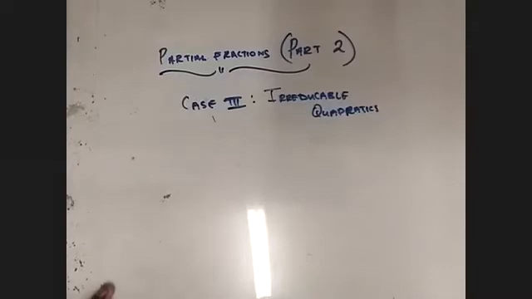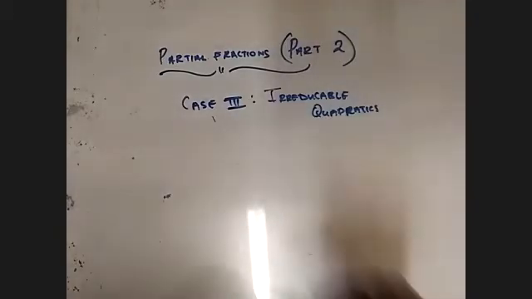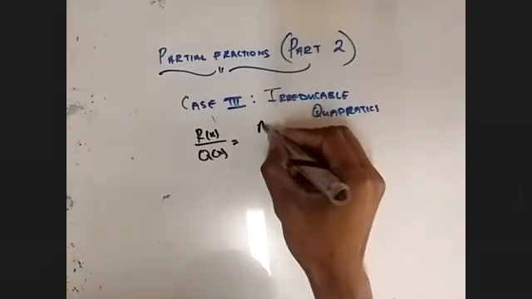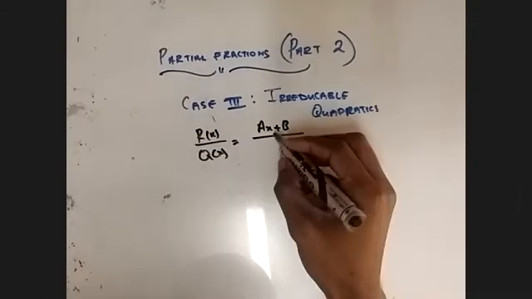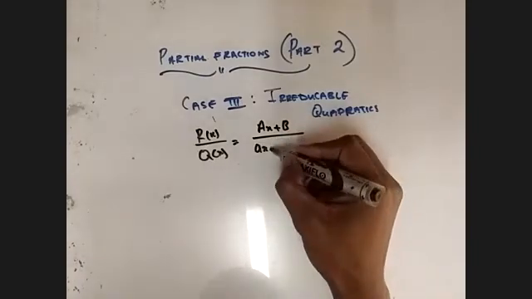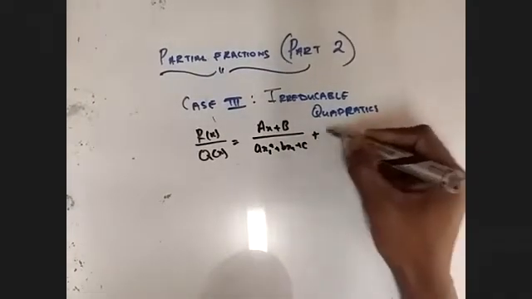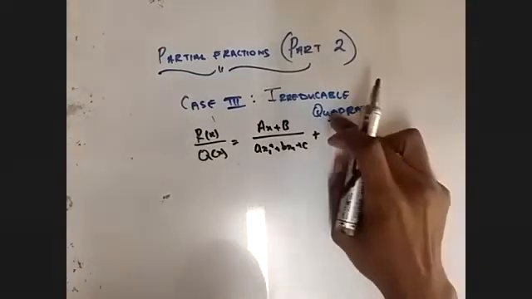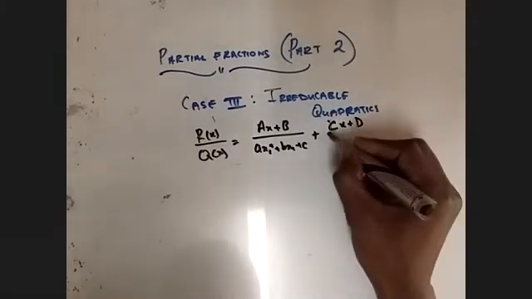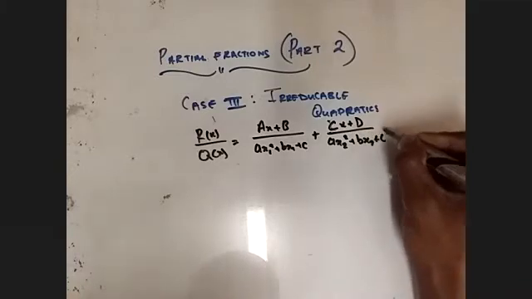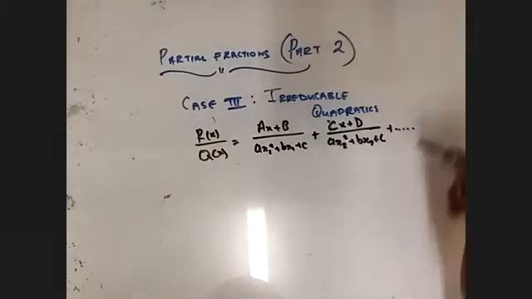If you are given an irreducible quadratic, you are given a rational function of this nature: R(x) over Q(x) is equal to (ax plus b) all over (a1x squared plus b1x plus c1), and then the next one, (cx plus d) all over (a2x squared plus b2x plus c2), and it will go on and on.